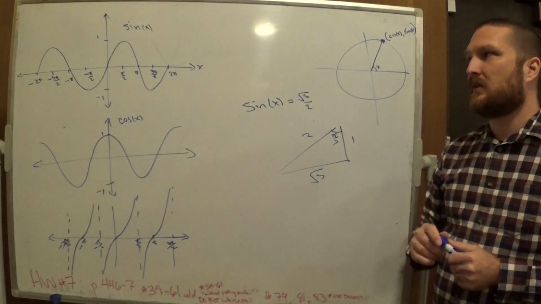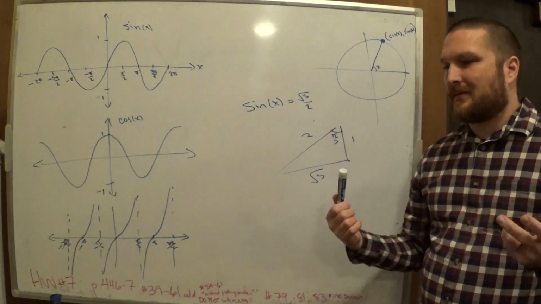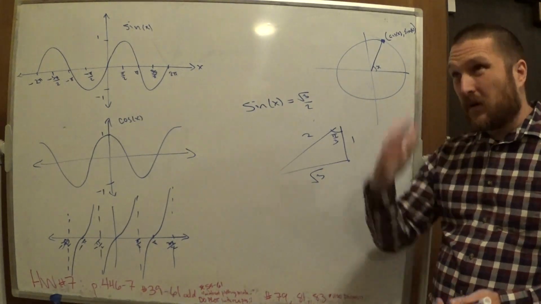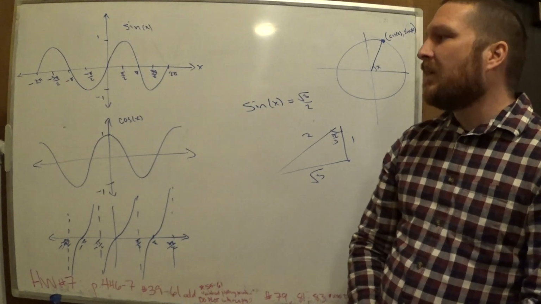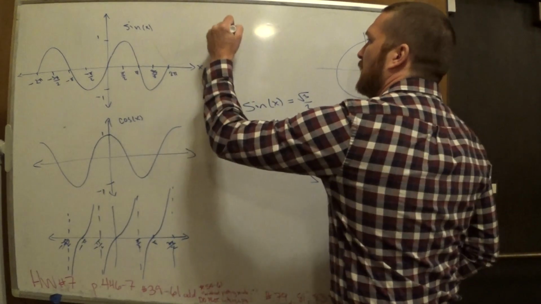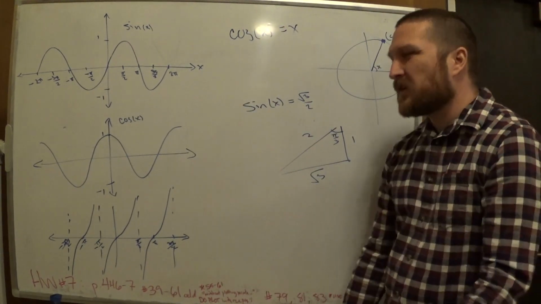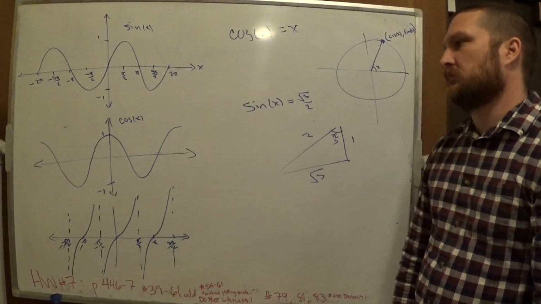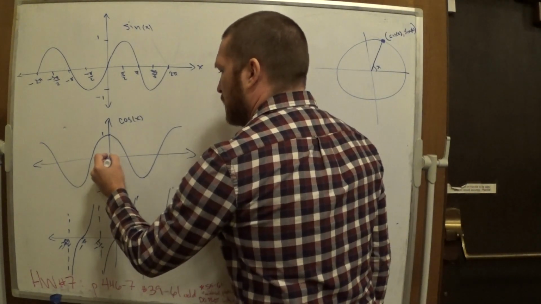So anytime somebody says, I have this equation, sine x equals x, what should go through your head is, well, this is what sine x is. Or I should say, I have this equation in my head, cosine x equals x. What do I do with that? The first thing that goes through your head is, well, this is cosine. And if that equals another function, x, then it looks like this.